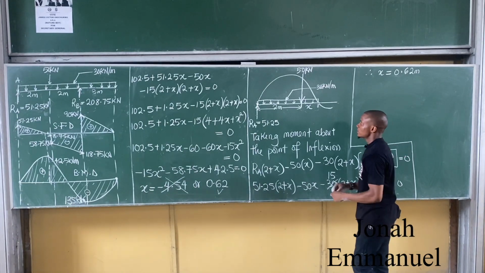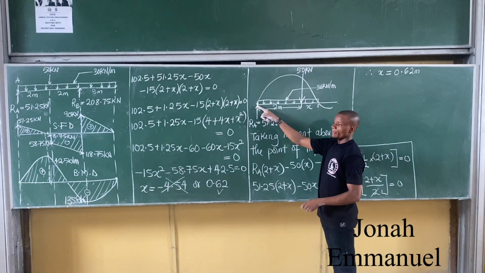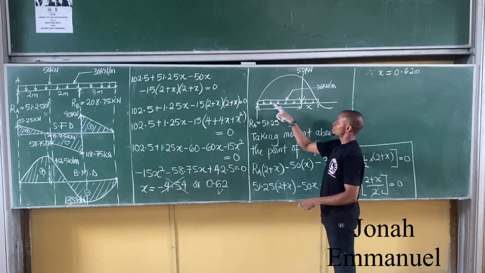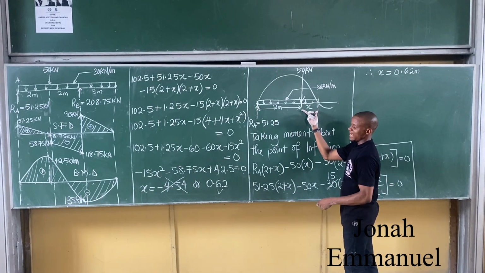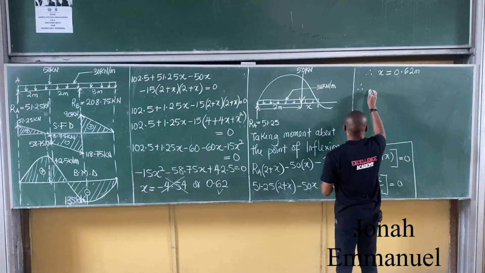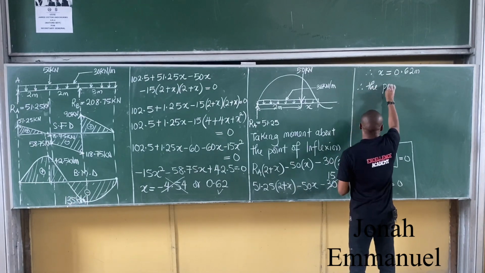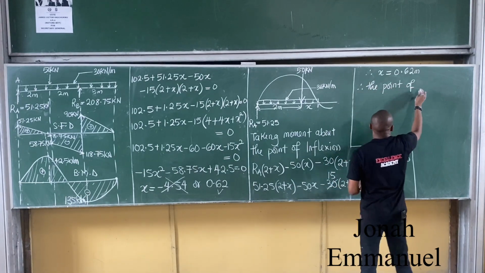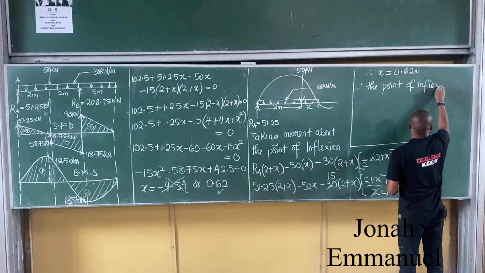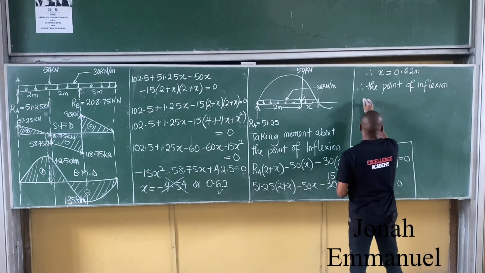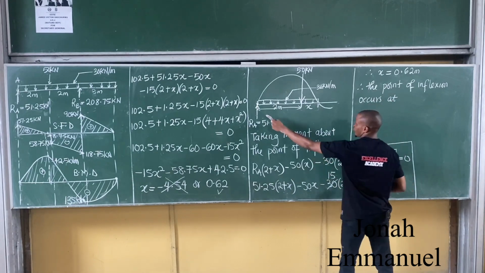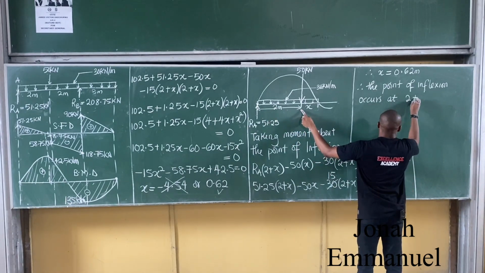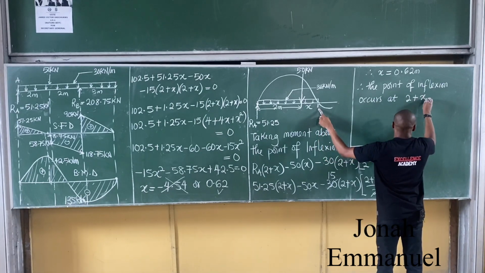So look up now. We said from the beginning of the beam, point of inflection is 2 plus x. We just calculated x, and from our calculation, x is what there? 0.62. So therefore, the point of inflection occurs at, from here to here, 2 plus from here to here, x.